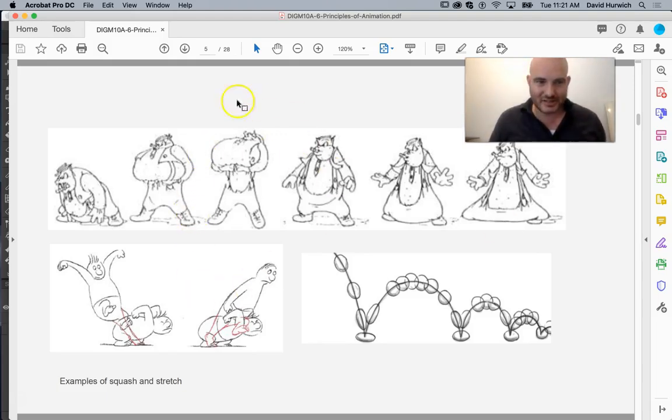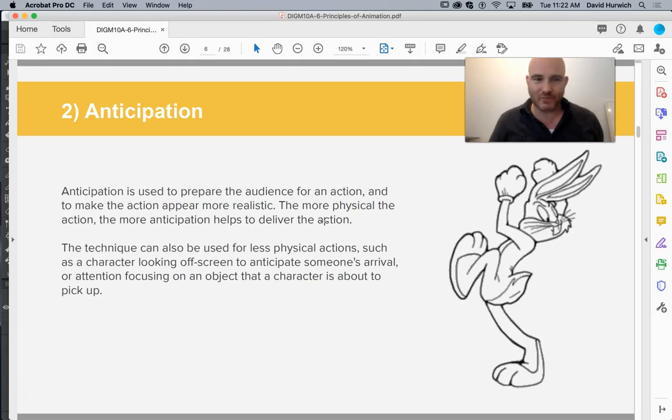So here this character is stretching and then boom, squash, and this character is stretching as they're jumping. The stretching and squashing support the action. They make the action more interesting.